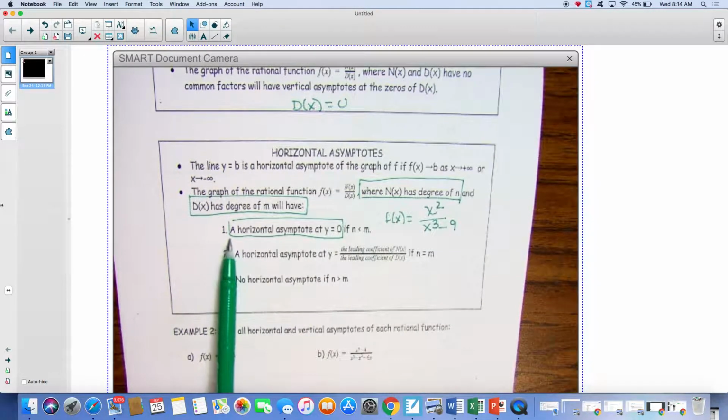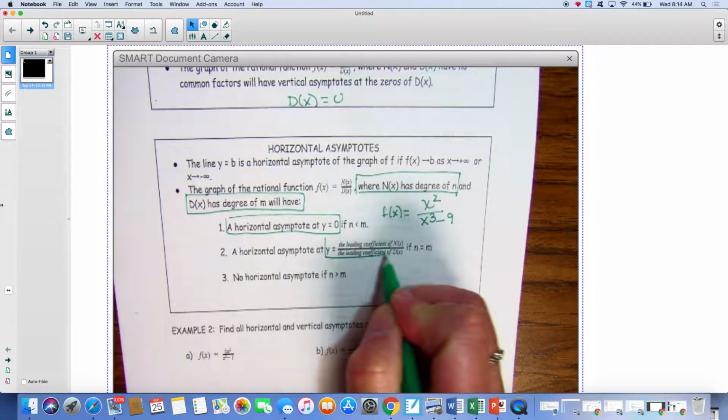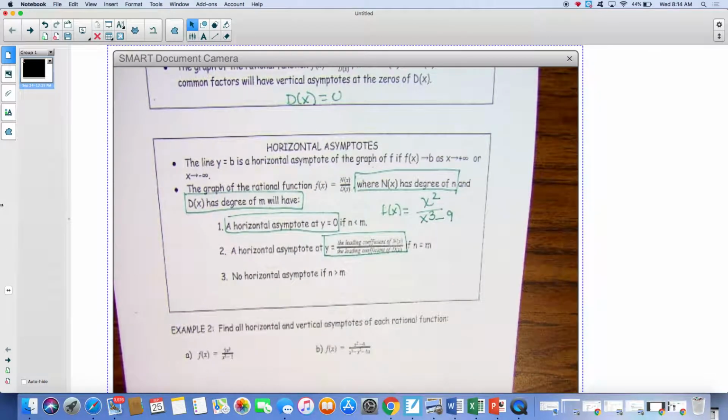So we are guaranteed a horizontal asymptote at y equals 0. Okay? You need to know these rules. A horizontal asymptote at y equals the ratio of your leading coefficients if the degrees are equal.